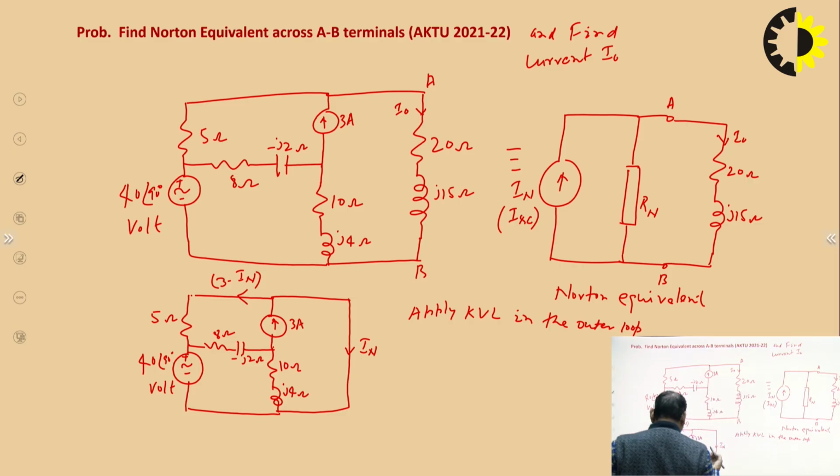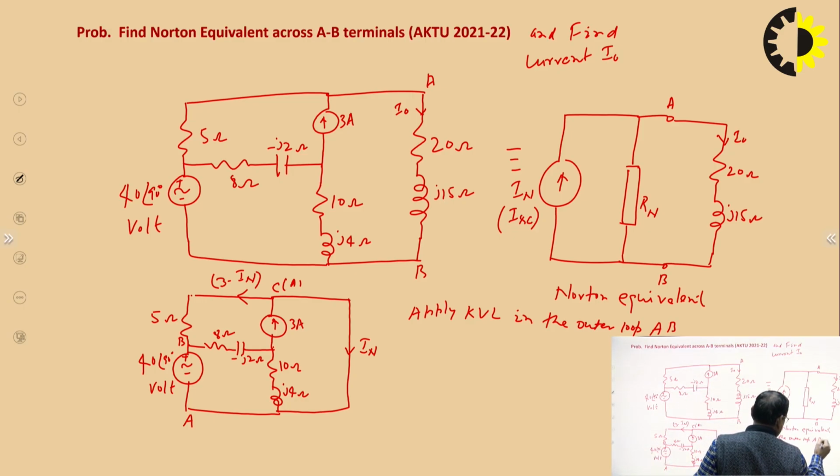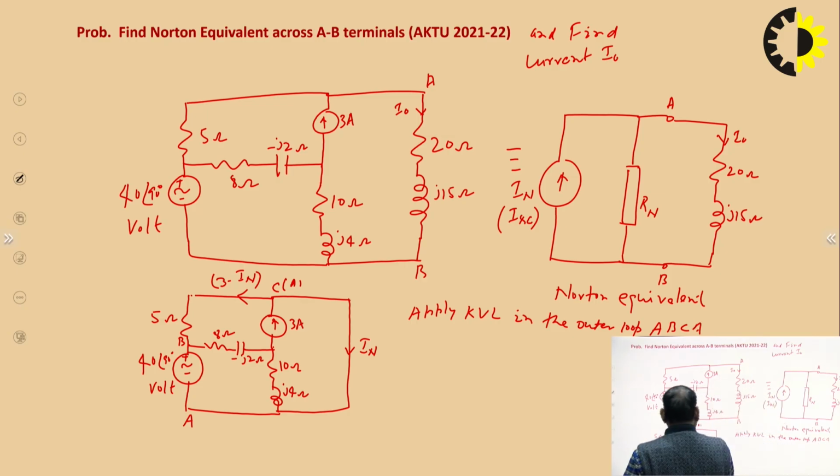It is better to name the nodes: this is A, this is B, this is C, and C is the same as A. So, apply the loop A, B, C, A, because we have placed a short circuit here. So, the potential of this node is the same as the potential of this node. So, C and A are both the same, but just for the sake of clarity I have given the name C. So, start from A to B.